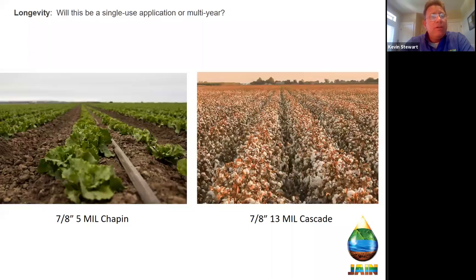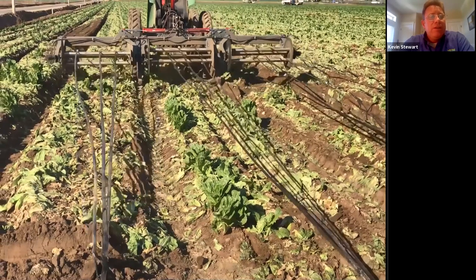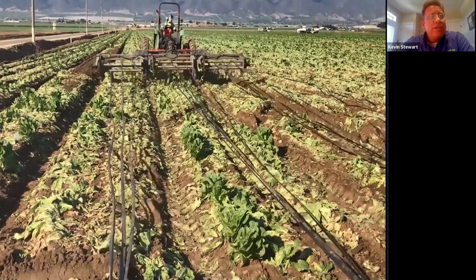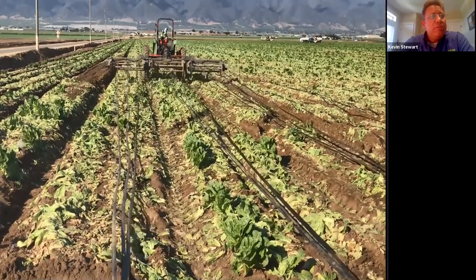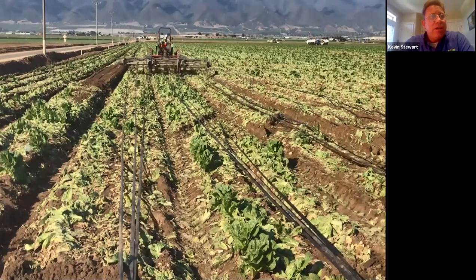I've got a video here. Hopefully this plays. And this is actually 4 mil drip tape, 7/8, on the coast of California. And this is a lettuce crop that's already been harvested. And this tape is on the surface to barely just under, maybe about 1 inch deep.